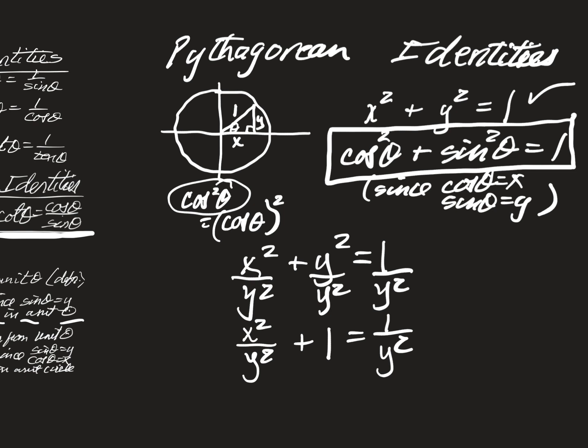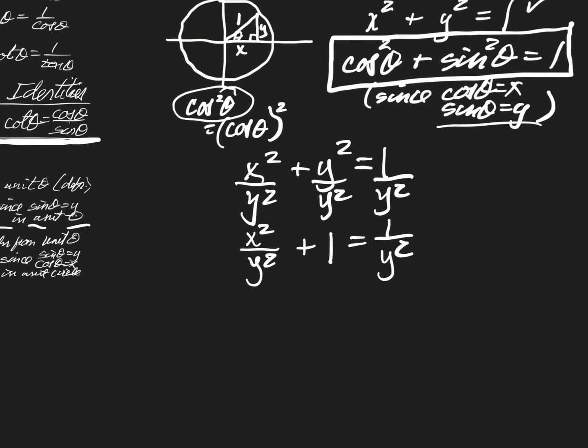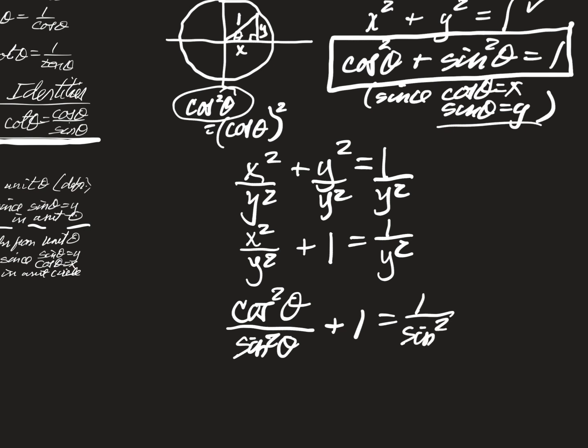So what we know, again, is cosine theta is equal to x and sine theta is equal to y. So we can substitute into these things. So this will be cosine squared theta over sine squared theta plus 1 equals 1 over sine squared theta.